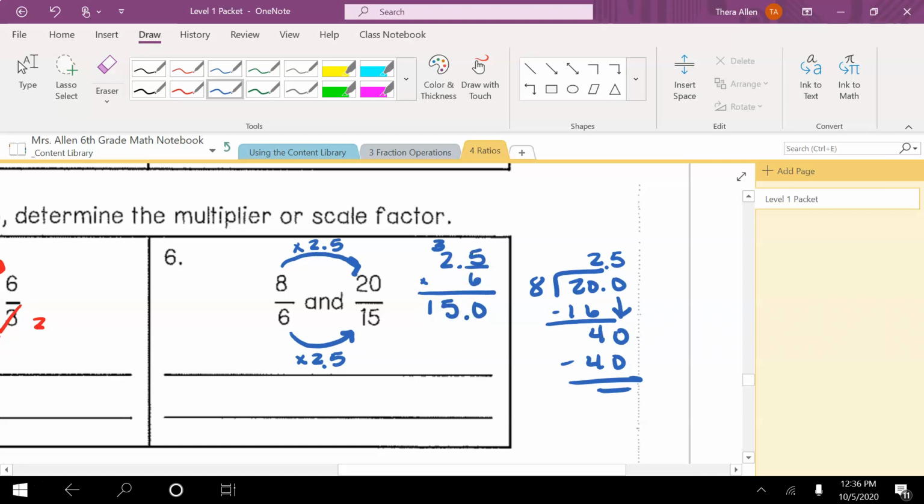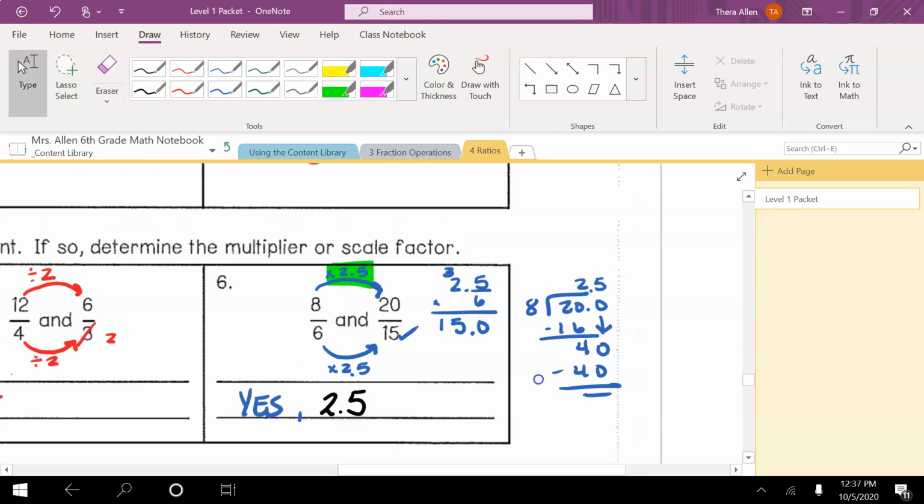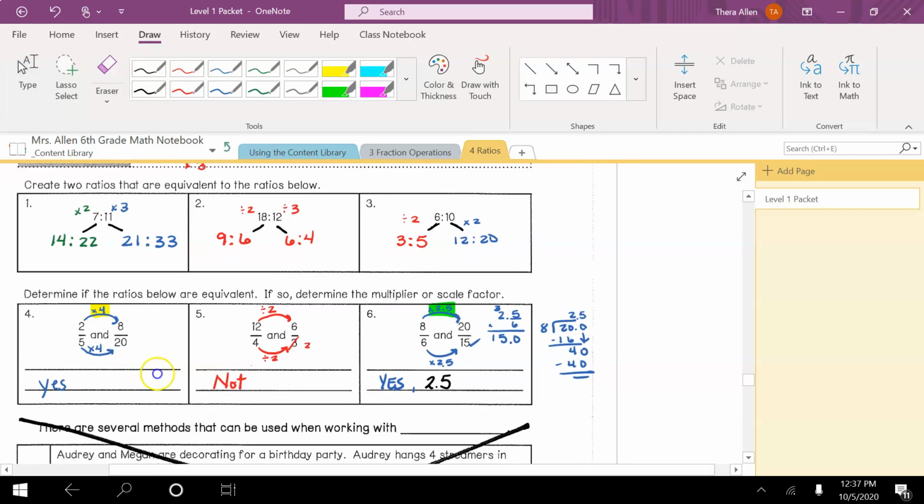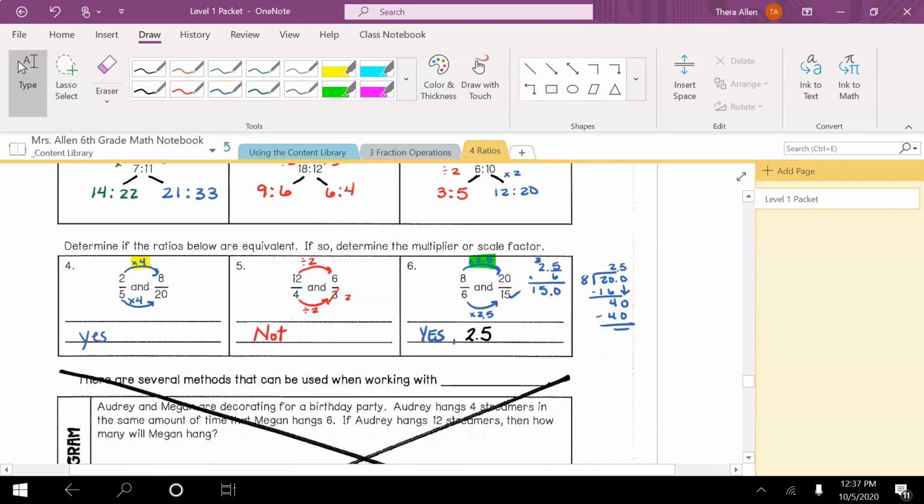So that gives me 15. So that is right. So yes, these are equivalent. And my multiplier, or my scale factor, would have been 2.5. So your scale, or your equivalent fractions or equivalent ratios, can be multiplied by a decimal or a fraction.